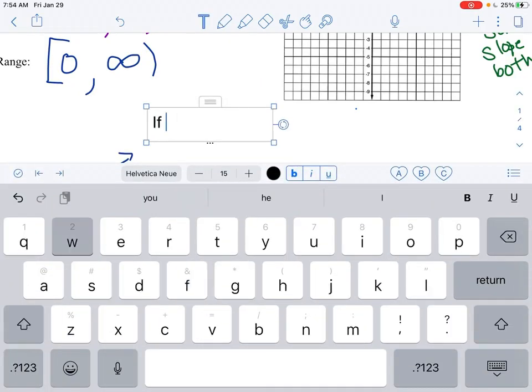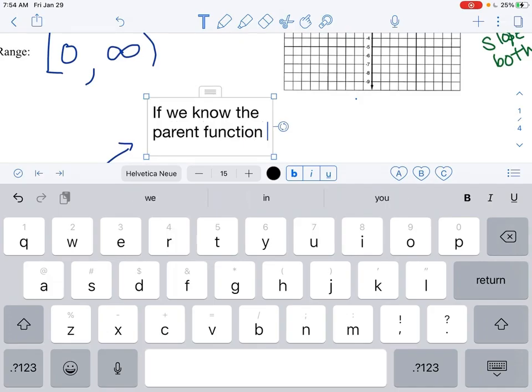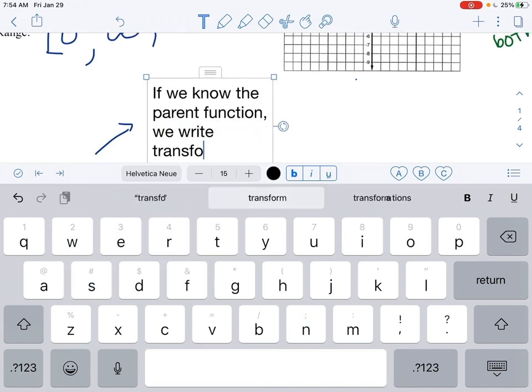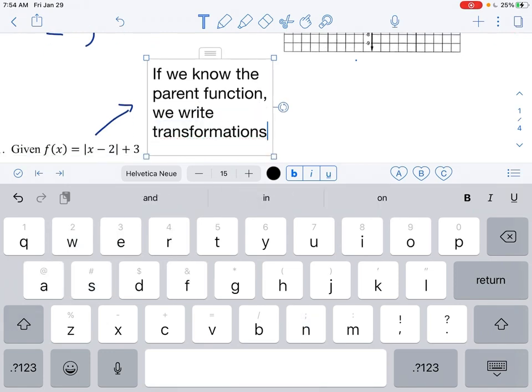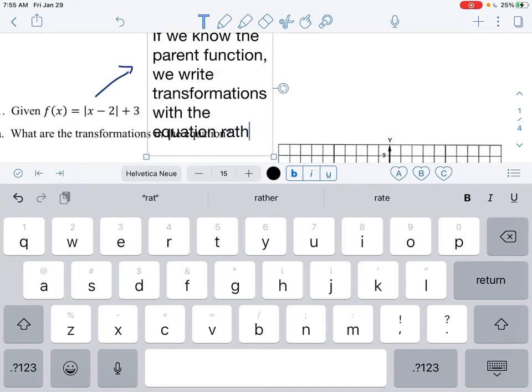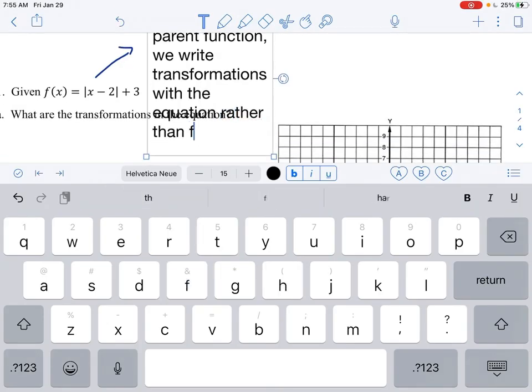If we know the parent function, we write transformations with the equation rather than f of x.